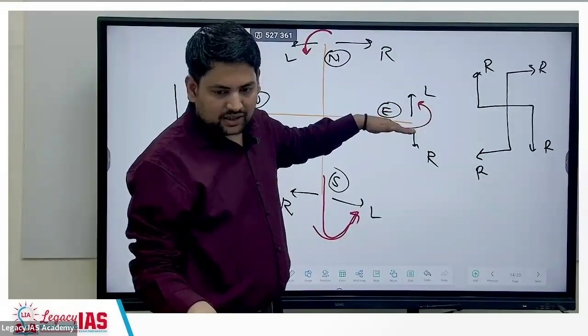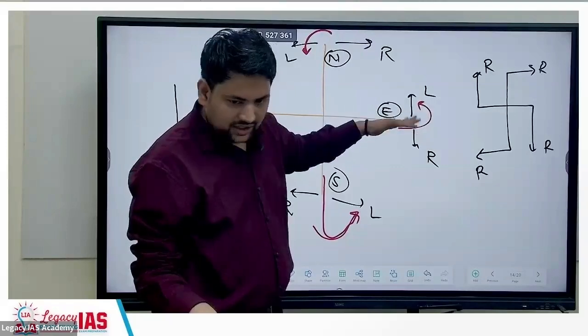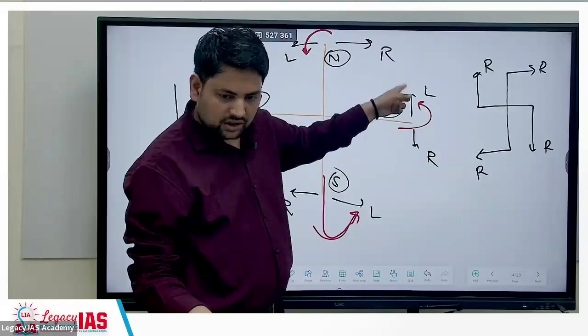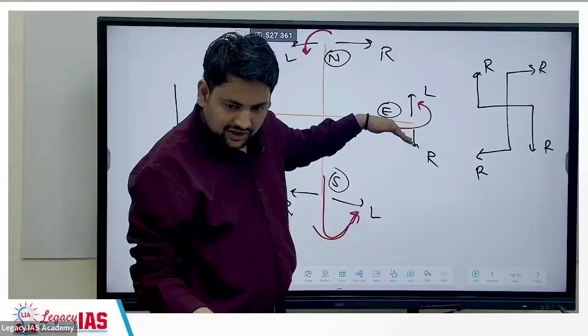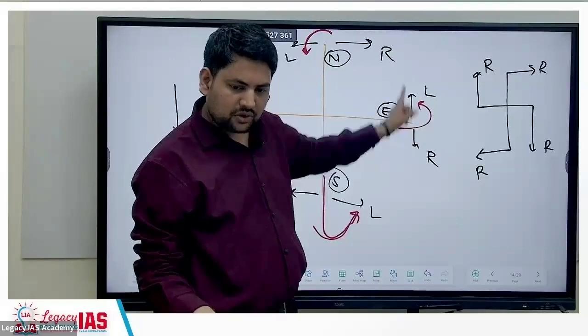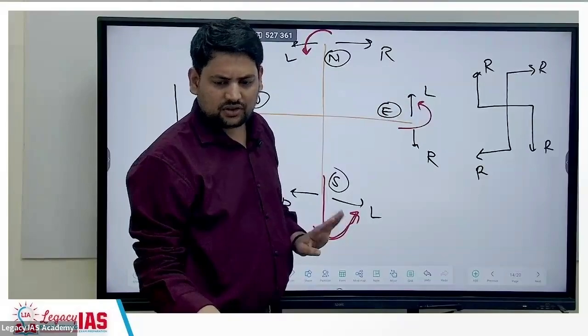If I say a person going east takes a left, where will you go? Towards the north. Or if I say a person going towards east moves in an anti-clockwise direction, then also where will you go? Towards the north. That much only I want. So we can assume that it's a straight turn, not a curved turn, in the anti-clockwise.